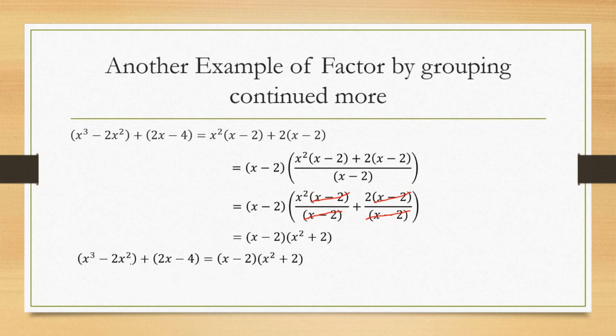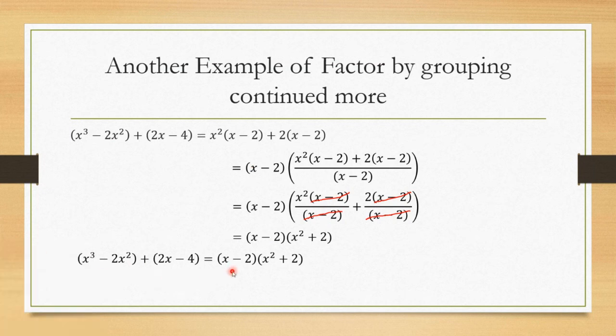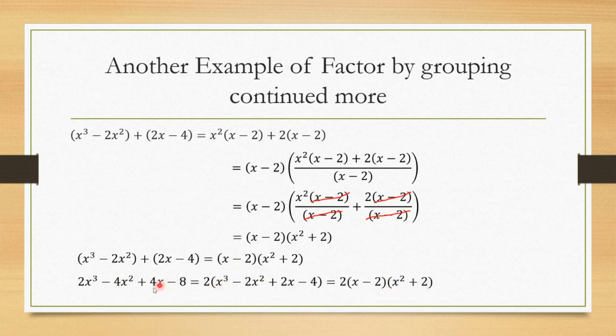And so finally, this whole sum is equal to this thing. So now it's factored. Remember, this was the original: first we factored out a 2, then we factored what was in parentheses here to get this. So now we're good.